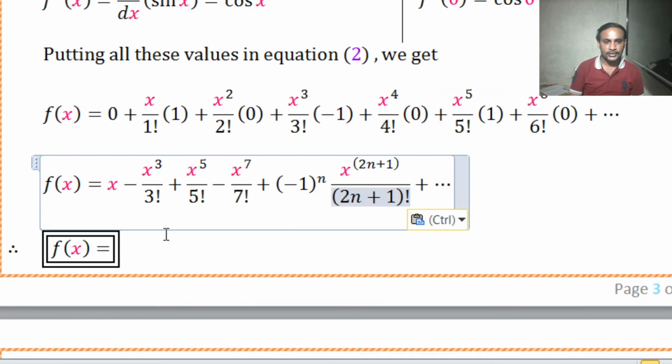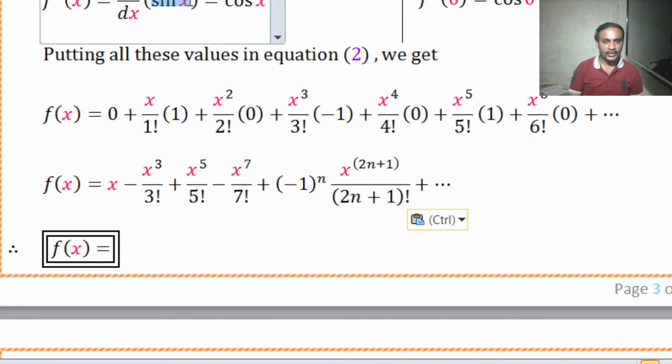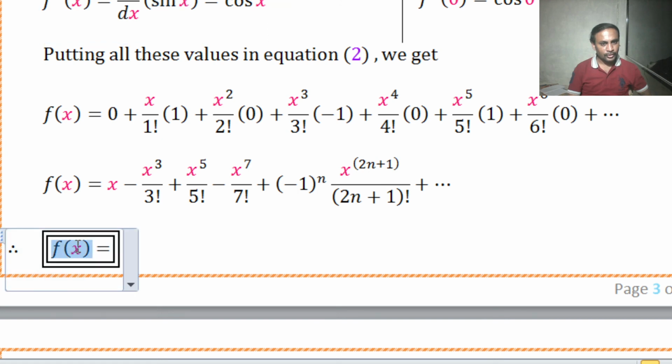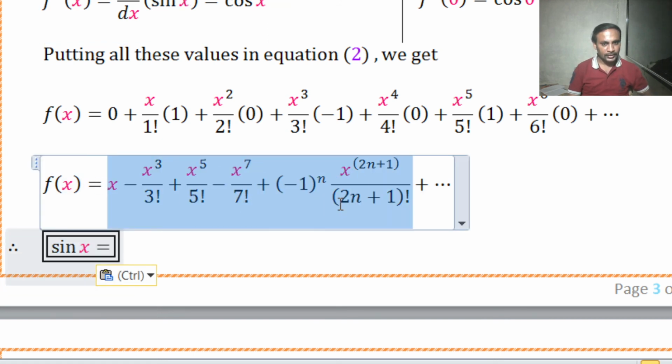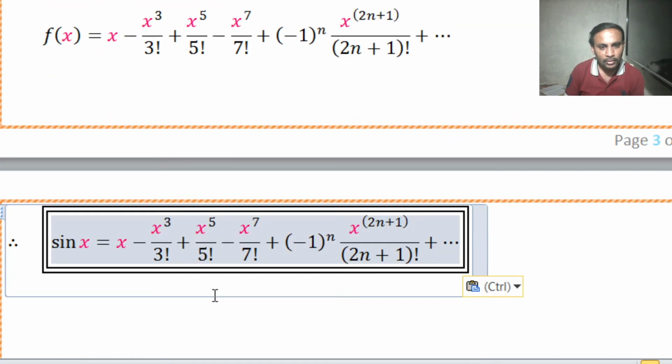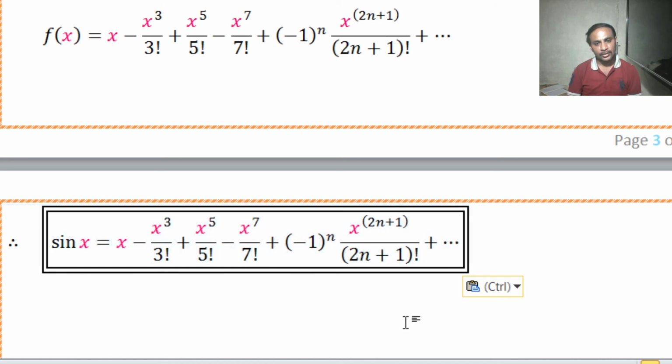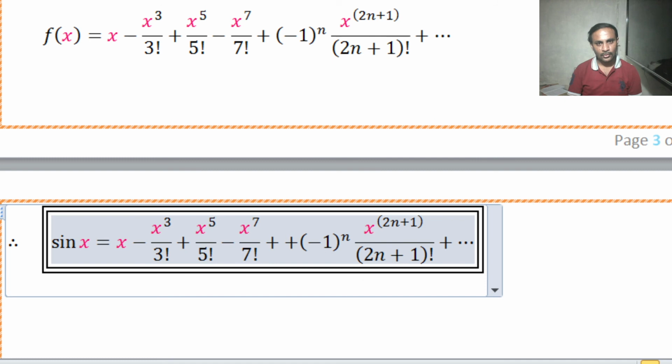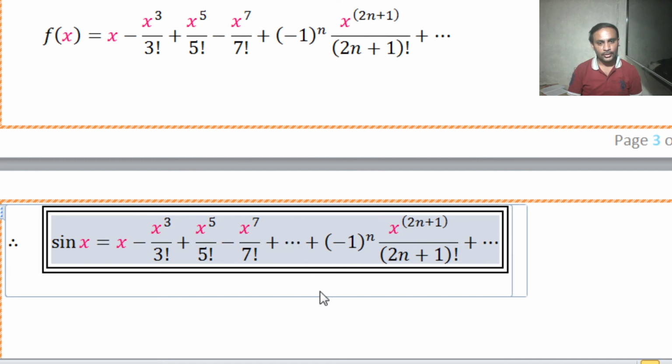So we can write the series expansion of the function f of x equal to sin x as x minus x cube upon 3 factorial plus x raised to 5 upon 5 factorial minus x raised to 7 upon 7 factorial plus and so on. The nth term is minus 1 raised to n into x raised to 2n plus 1 upon 2n plus 1 factorial.